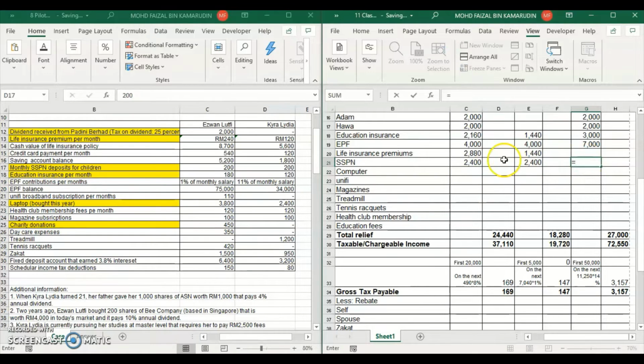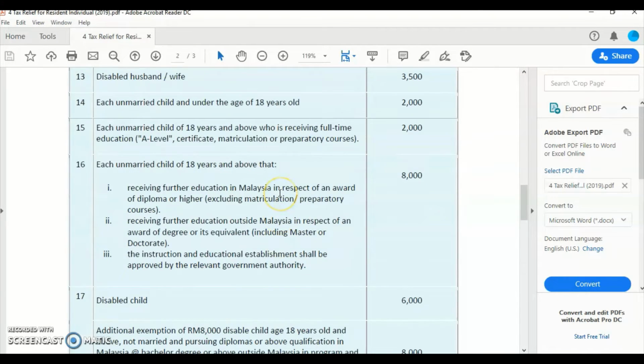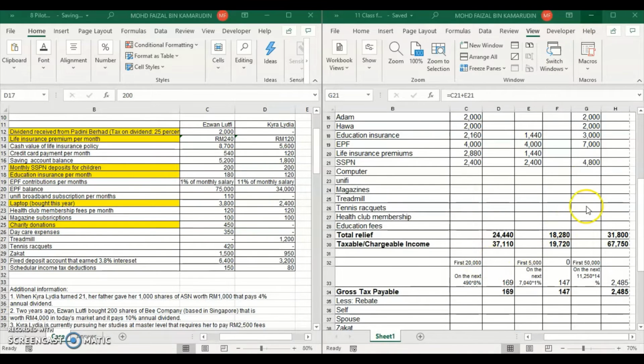Let's add those two: 4,800. Any issue? Let's check. This one is done. EPF, simpanan, this one number 11: 8,000 restricted or maximum amount, so no issue, we can claim for that.